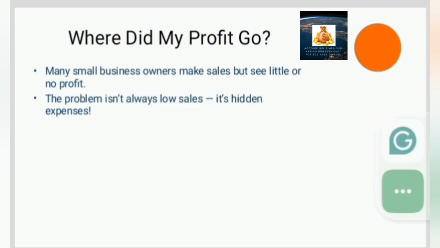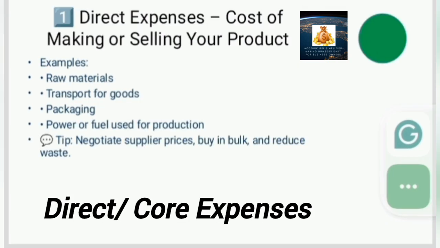You know that we like to avoid jargon for simple understanding for our business owners. So let me just call it core expenses. Core meaning important expenses. Instead of using the term direct expenses, I'm going to use the term core expenses. Are we together? So your core expenses are one major expense that would eat up your profit.